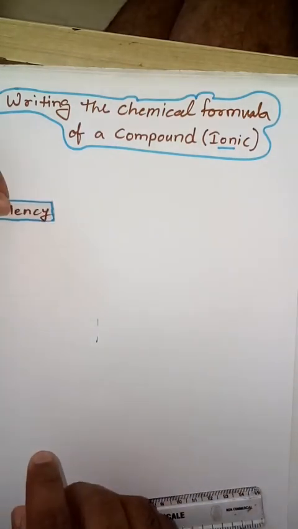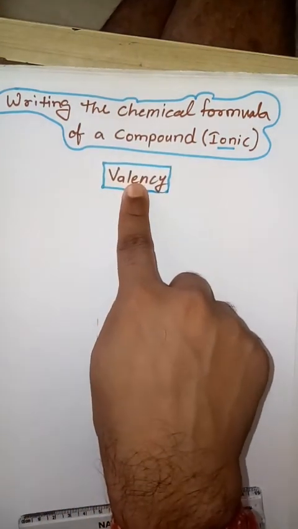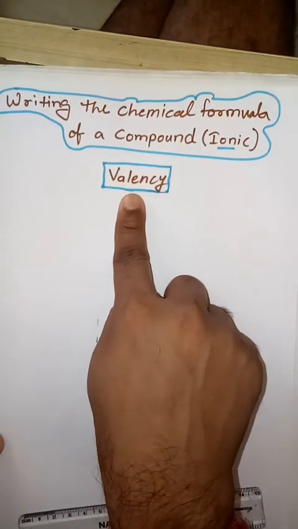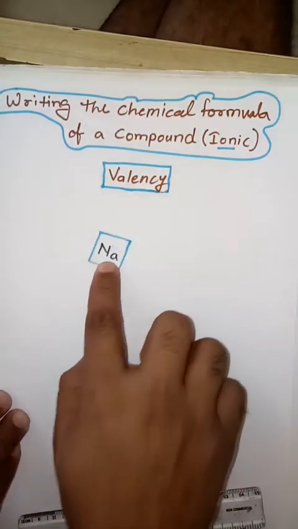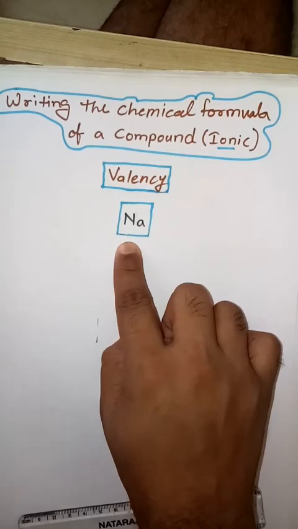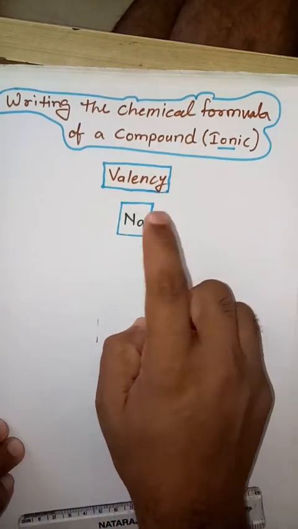To know this, we have to be clear about the word called valency. Valency means, suppose you have a sodium atom, the valency of the sodium atom depends on how many electrons it can donate or accept.